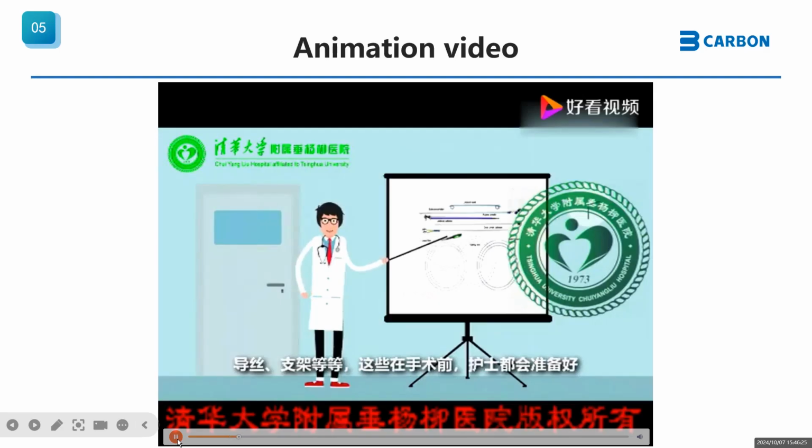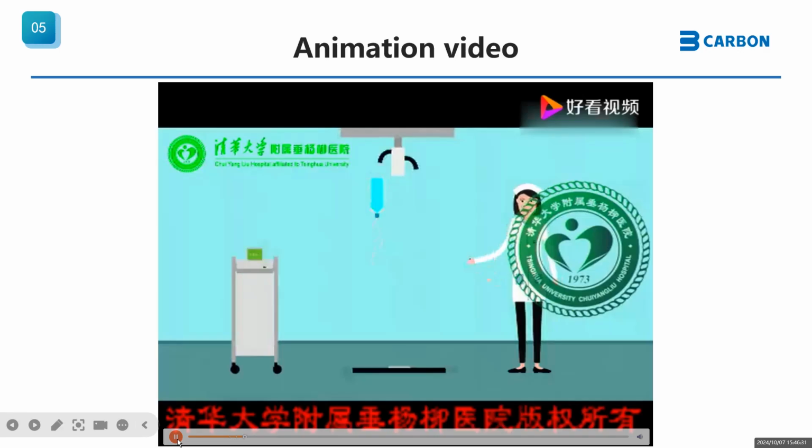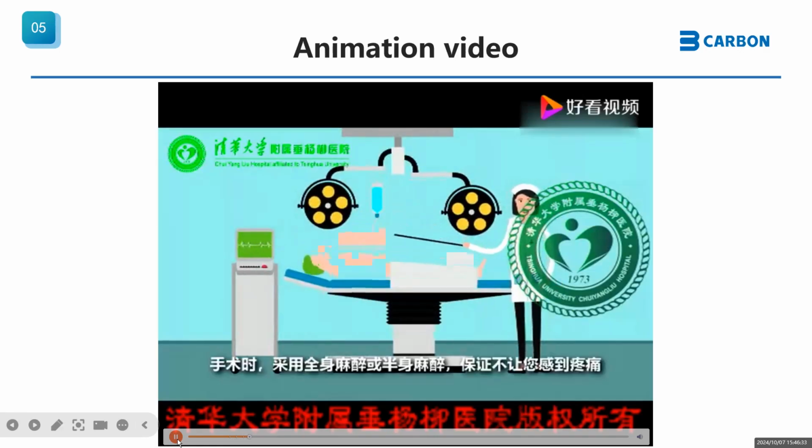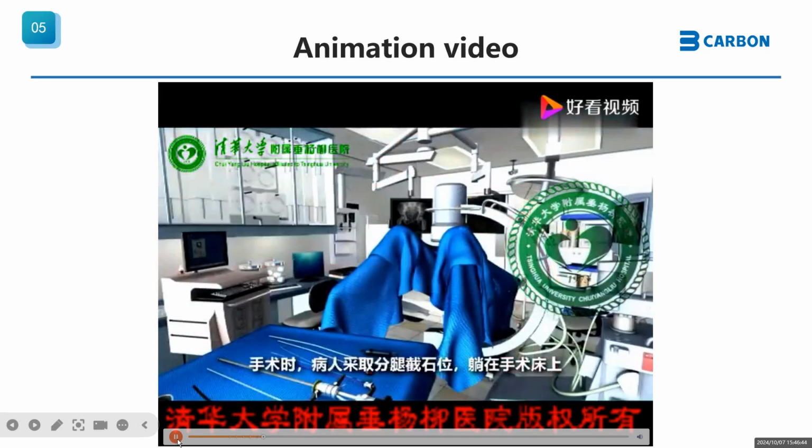This is the consumables before the surgery. We have to prepare for this. And then we can take general anesthesia or spinal anesthesia also. And this is the beginning. We can take the lithotomy position.